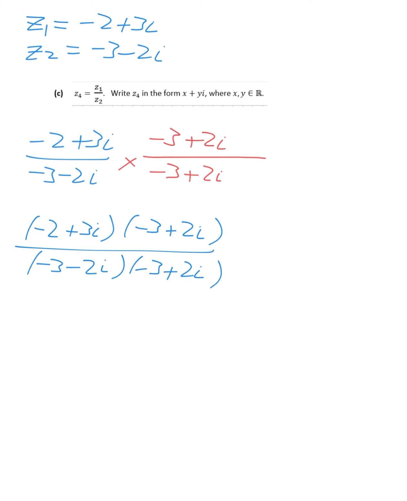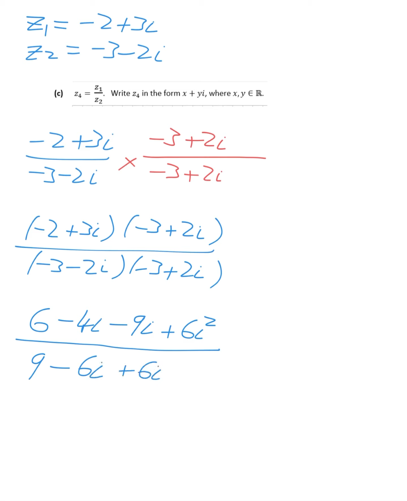So expanding the top first, we'll end up with 6 minus 4i minus 9i, and then plus 6i squared, all over now 9 minus 6i plus 6i minus 4i squared.